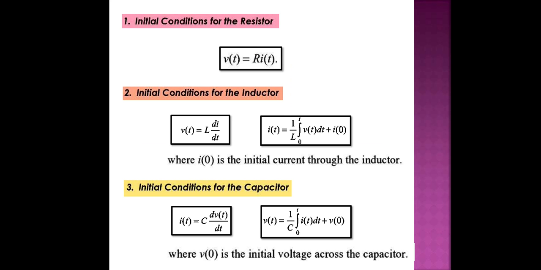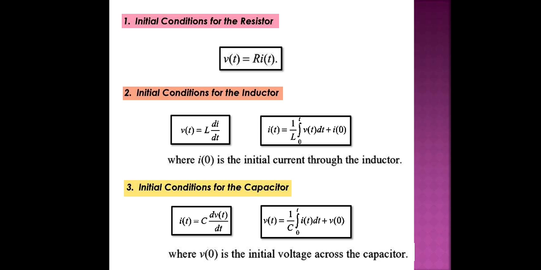Now the initial conditions for the resistor. You already know that what opposes the flow of current is called resistance, and the material having it is called a resistor. According to Ohm's law, V is equal to IR, and with respect to time, V of t is equal to R into I of t.